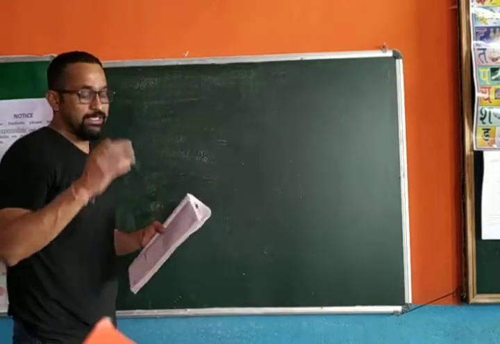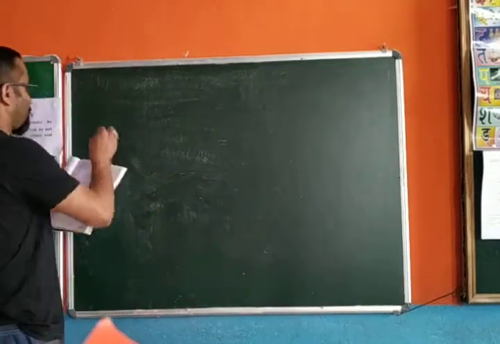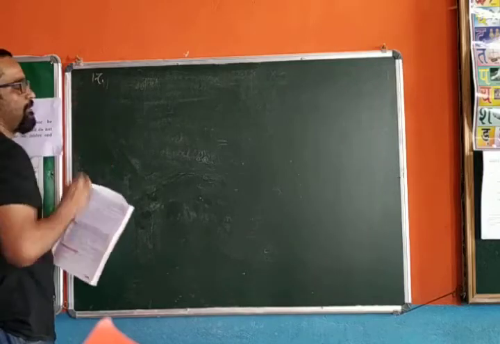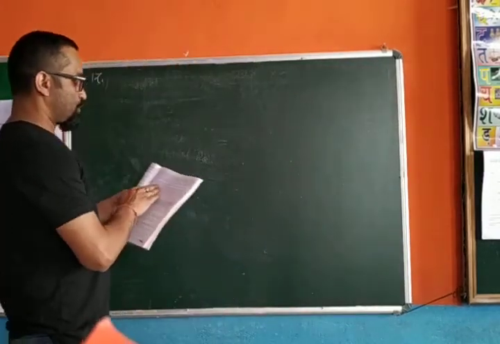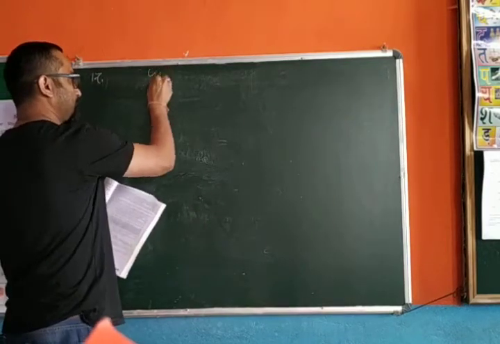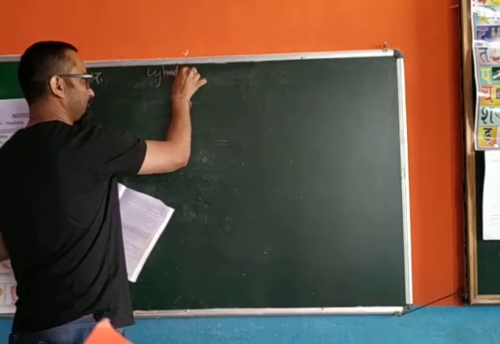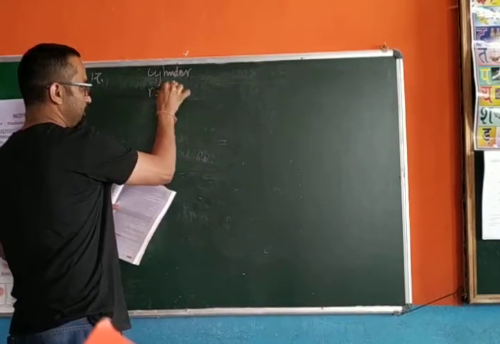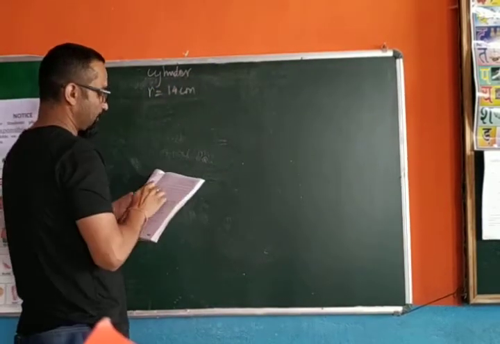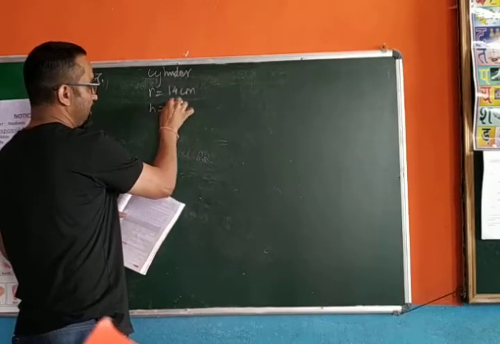Now, melting and recasting. Question number 17. Watch it carefully, it's very simple. A solid metallic cylinder. You write cylinder. Of radius 14 centimeter, height is 21 centimeter.